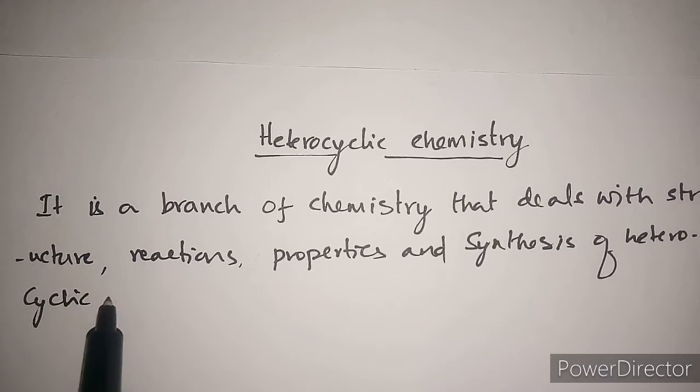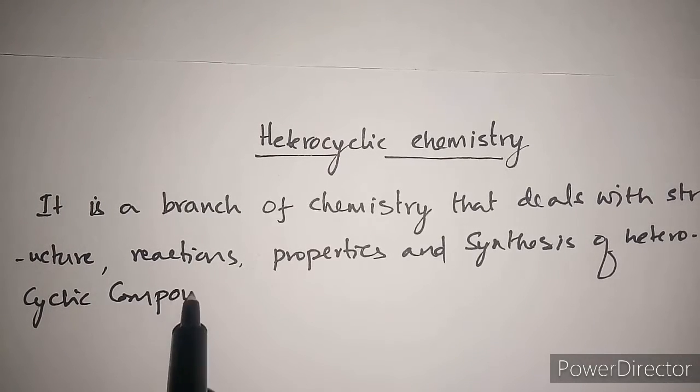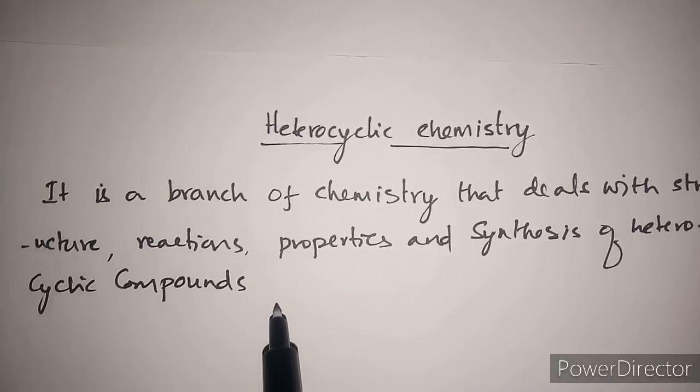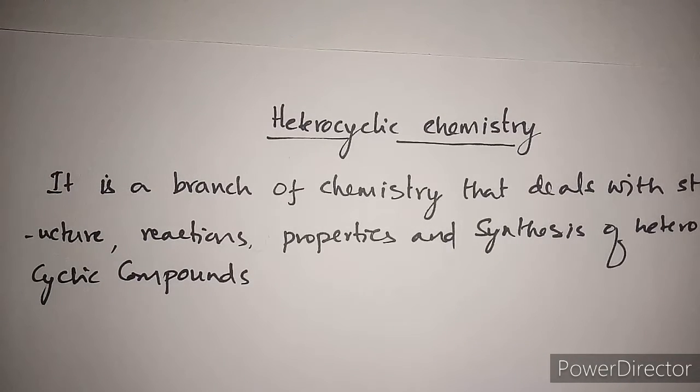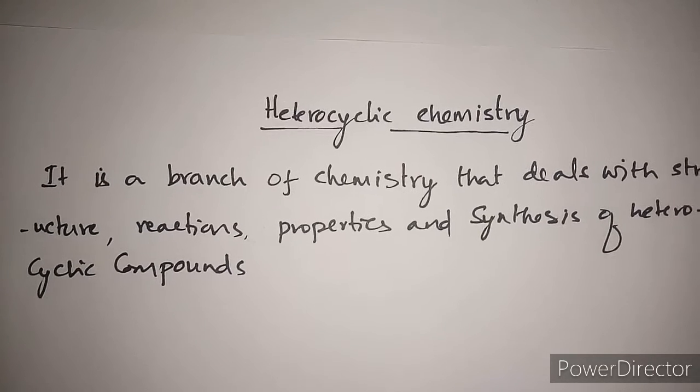This we call heterocyclic chemistry: the branch of chemistry which deals with the reactions, properties, structure, and synthesis. What are the ways of synthesizing heterocyclic compounds? That branch we call heterocyclic chemistry.